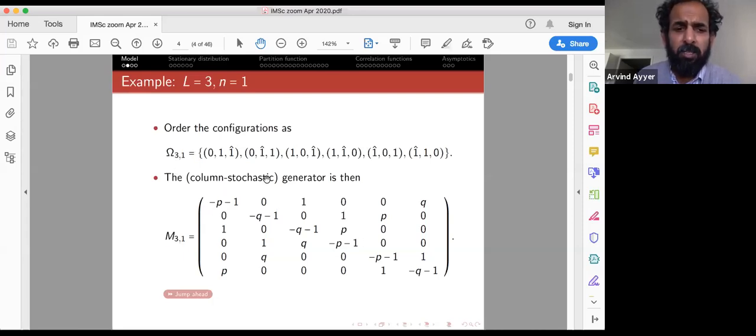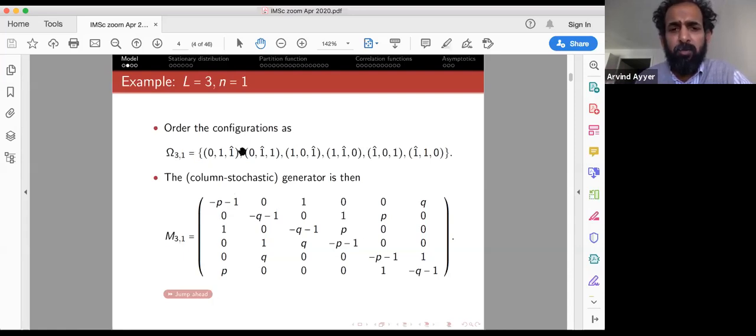So the generator of this process will be a matrix indexed by the configurations, whose, let's say, ijth entry is the rate of going from j to i. So because it's column stochastic, you go the other way.